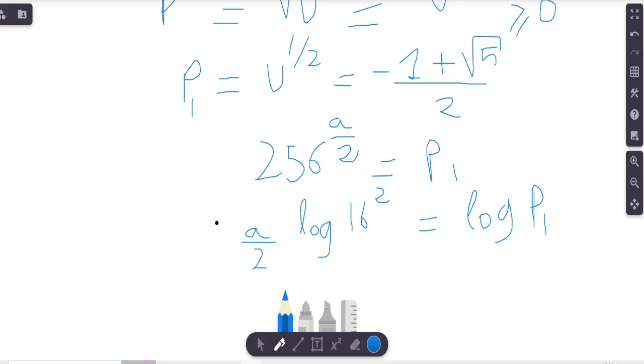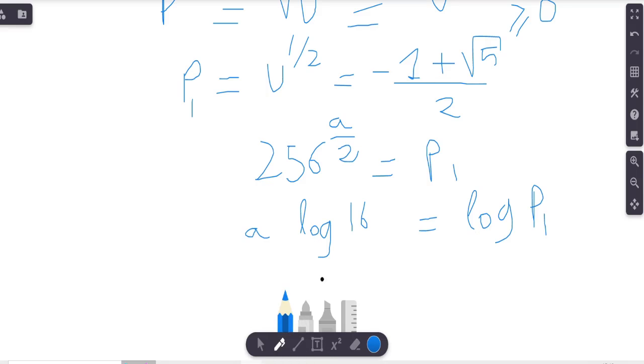So we have 2 multiplied by a divided by 2 multiplied by log 16, and we can simplify by 2. So a multiplied by log 16 equals log P1.